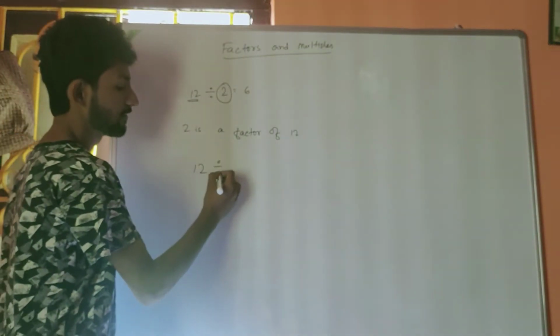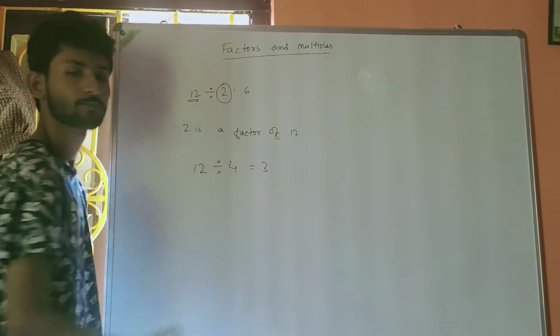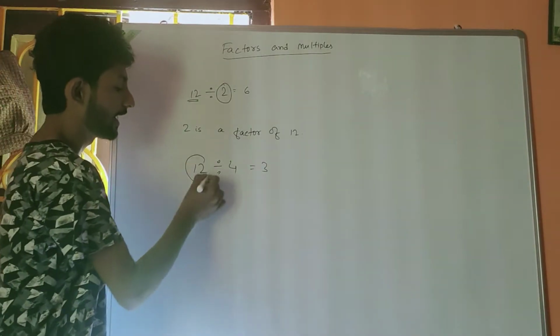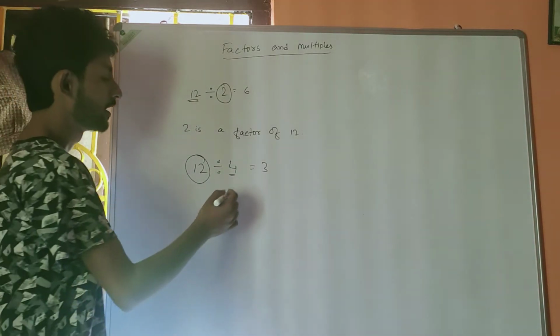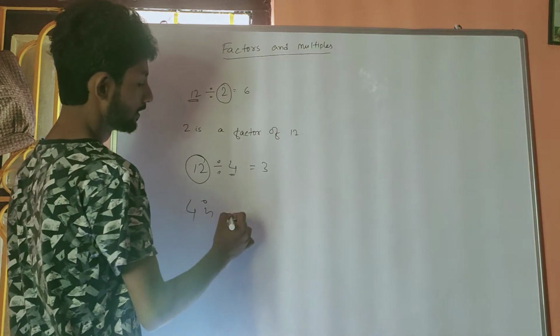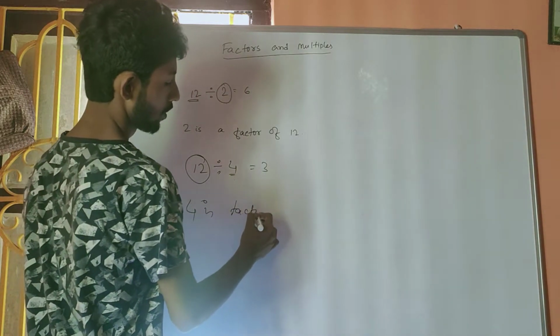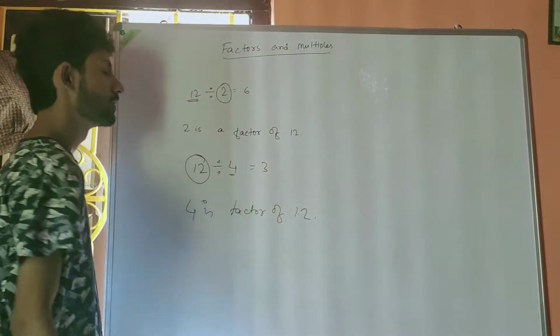Similarly, 12 divided by 4 equals 3. So we can divide 12 by 4, right? So here 4 is a factor of 12.